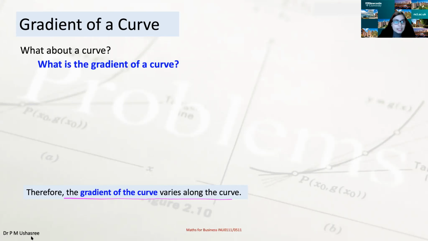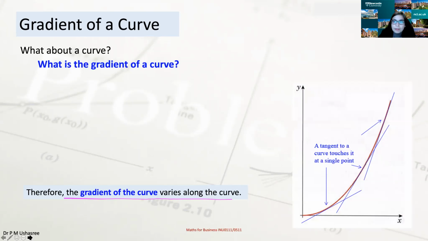So let me show it again with a nice picture. If you have a curve and you draw a tangent at this point and this point and this point, let me name the points.